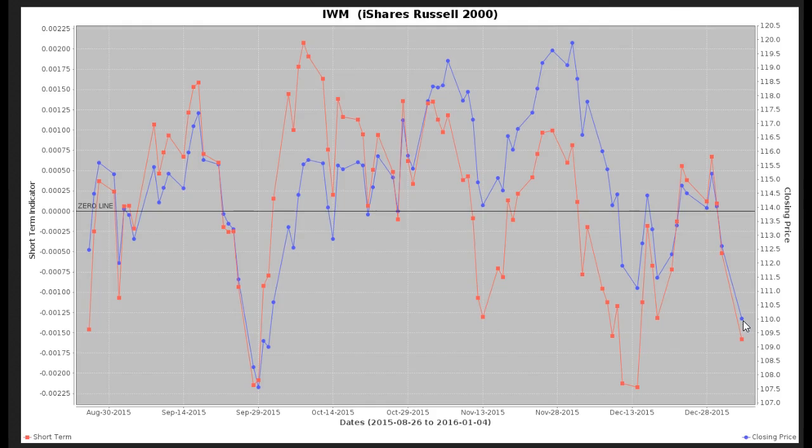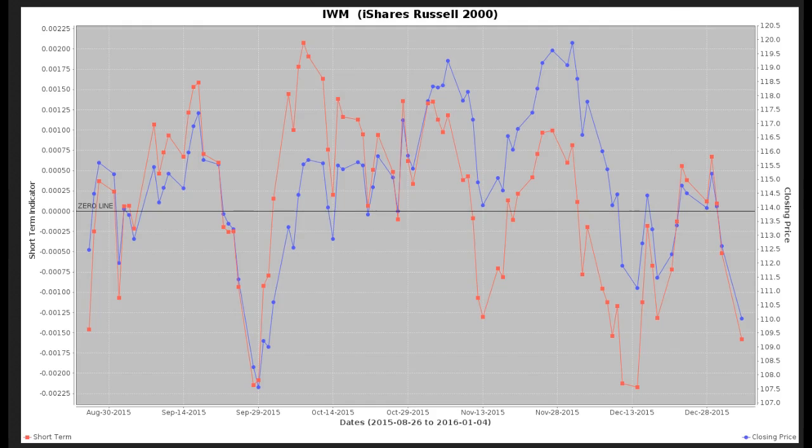But on this IWM ETF, some of you had received the newsletter that I had put out, and it was specifically on the IWM. And what I had said was that if we did not move back to the upside, we were going to see the 107.50 price range. And it looks like we're definitely headed in that direction.